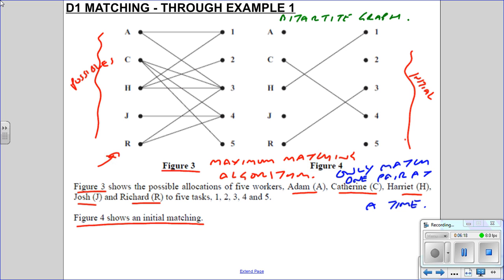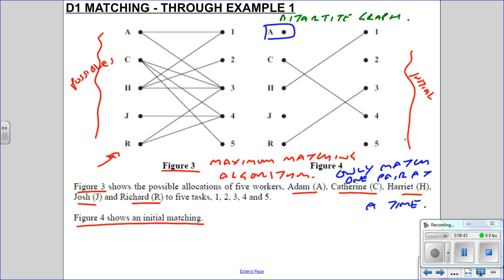Okay, so where do we start? And what does the algorithm look like? Clearly, we can start anywhere. Let's start with A. So in the question, they may say start with A, starting with Adam, link up to a task. So we're going to start with A, and we're going to go from here.